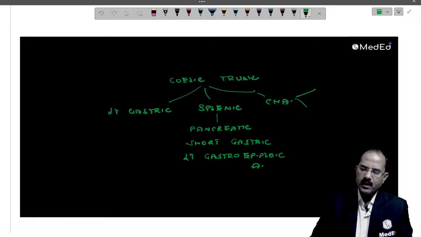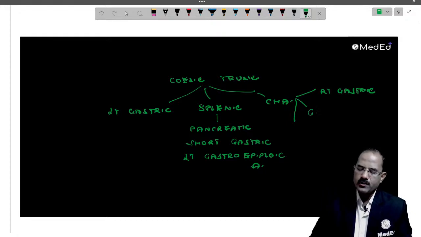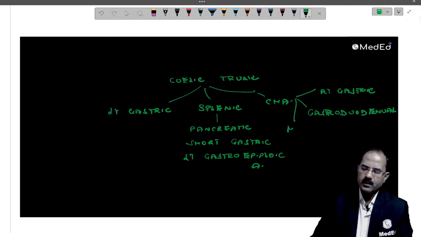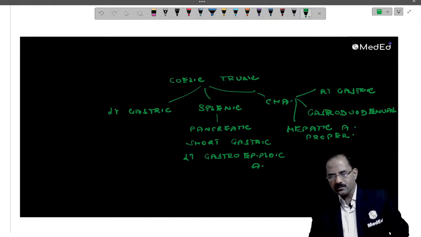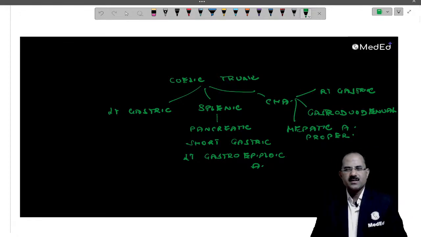The common hepatic artery gives, number one is the right gastric, gastroduodenal, the third one is hepatic artery proper. So this is conventional what I'm telling you.